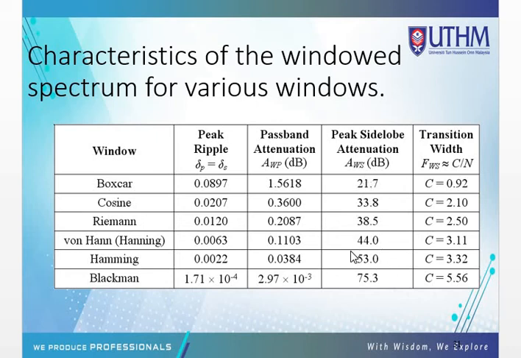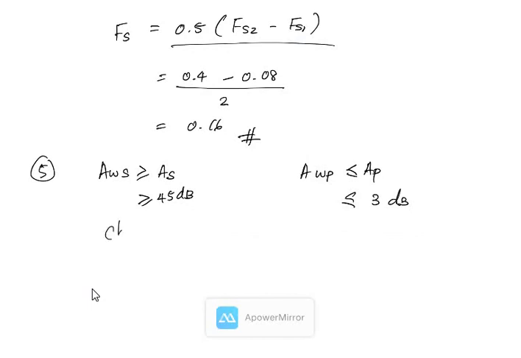So this is the first condition. And then Awp should be less than 3 dB. Now this one fits, so we choose the Hamming window. The value is 0.0384, and for Aws it is 53.